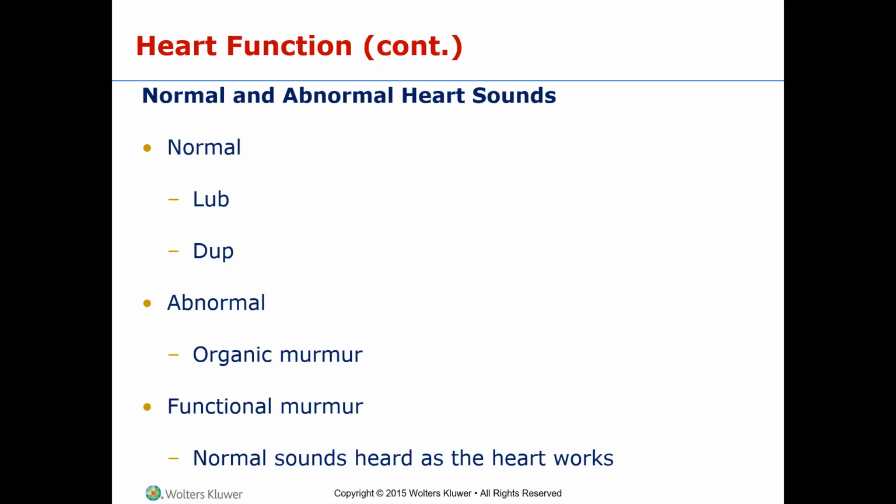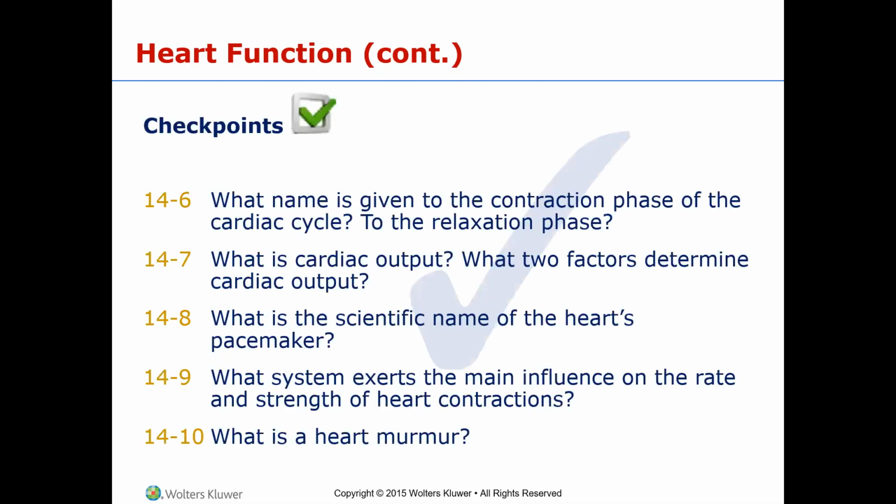A functional murmur is just a normal sound that is working, but it may be described as a murmur because it might be due to the rapid filling of those ventricles, but it's a normal sound.